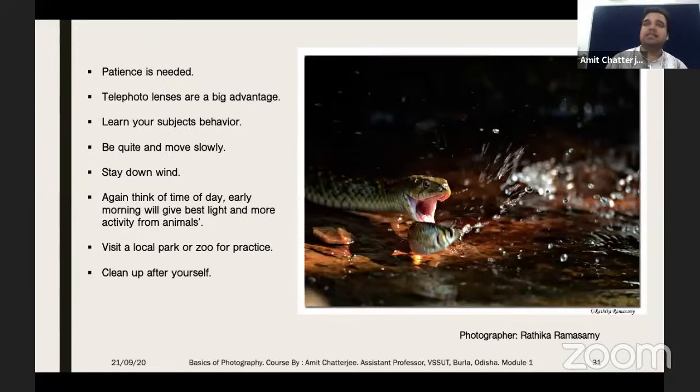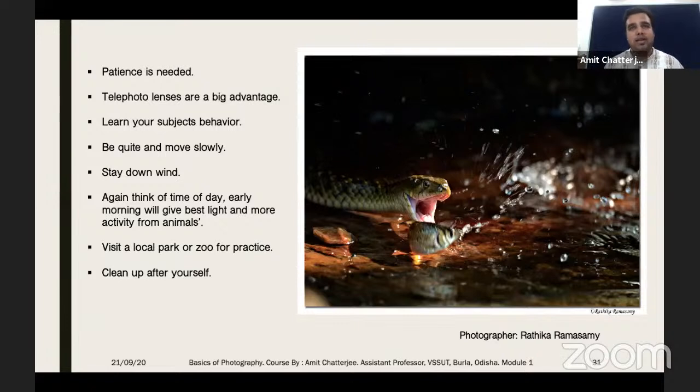One thing that I suggest is if you want to really click animals, do go to a zoo. When I was studying in Mysore, I was blessed that Mysore has one of the best zoos I have seen in India. It used to give me a lot of freedom to click photographs because you have a lot of animals over there.